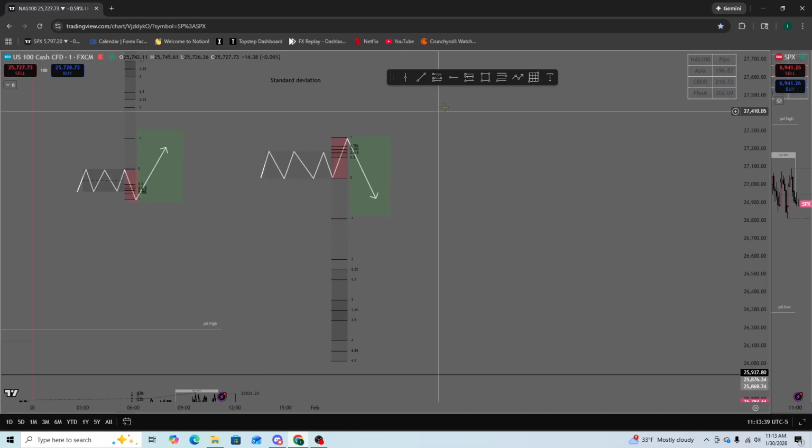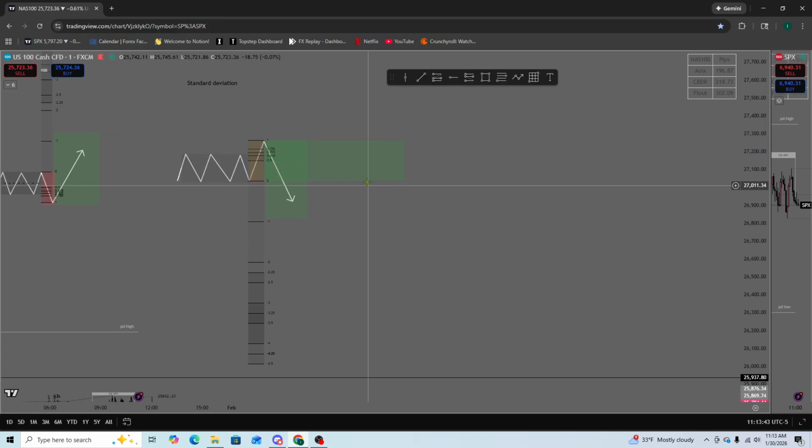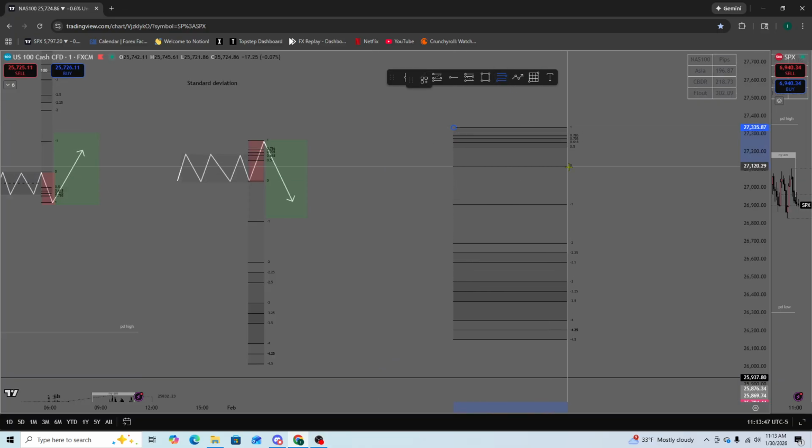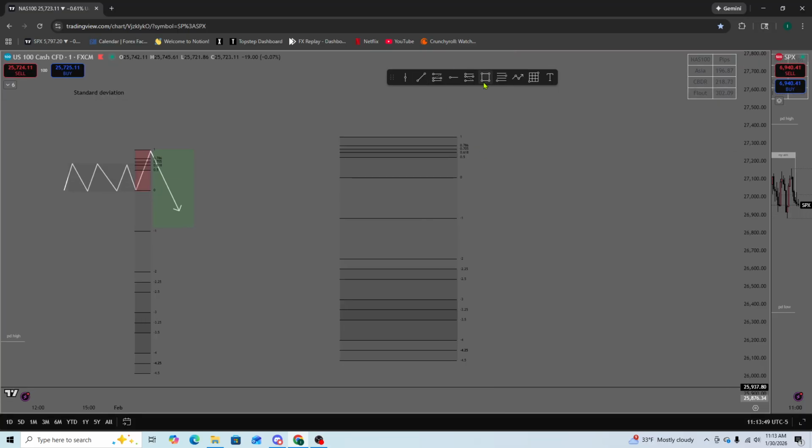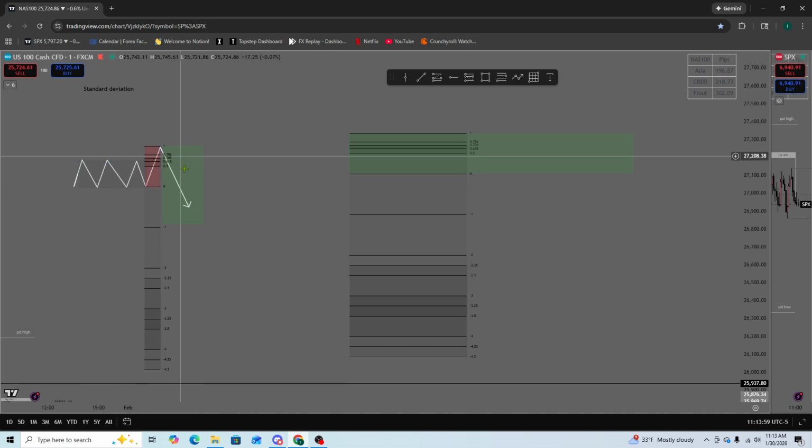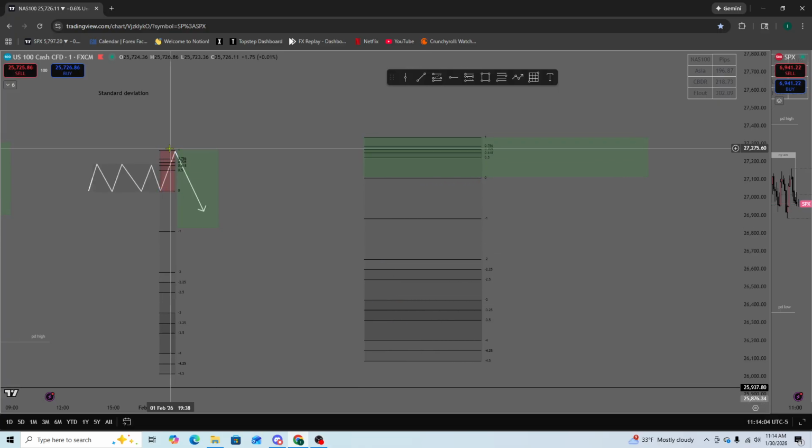Now, what do these zones even mean? So first of all, obviously we have our anchor zone here. I'll draw this out right here. So we have the zone that we anchor with, this zone right here, the 1 and the 0. Let's just say the shorts in this, because we're marking it from the high of the manipulation leg to the low of the manipulation leg, and that would be our 1 and 0.